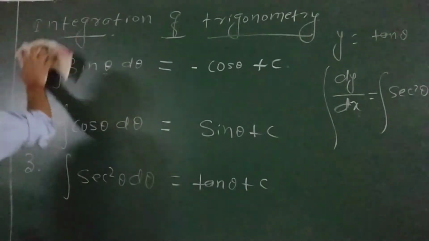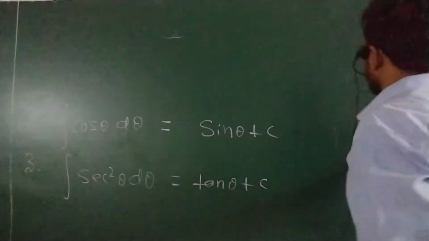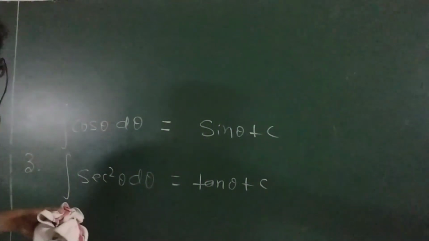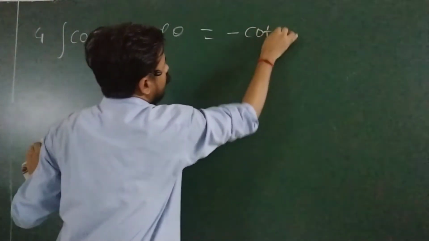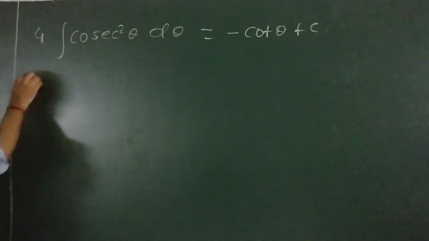Similarly, we can say integration of cosec square theta d theta becomes minus cot theta plus c. Right? 5, see.